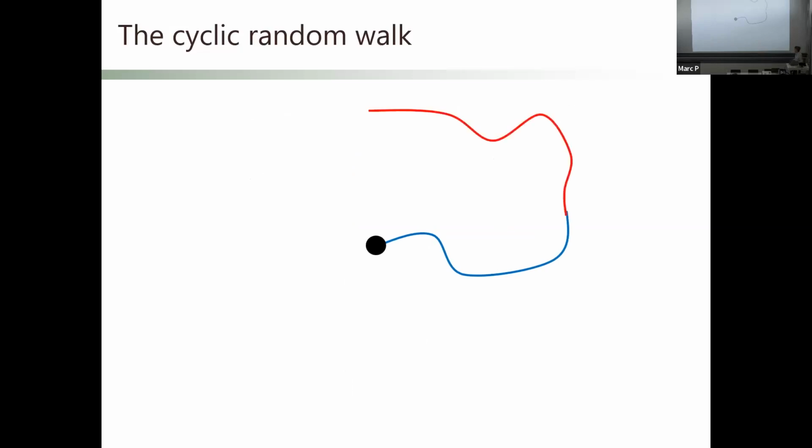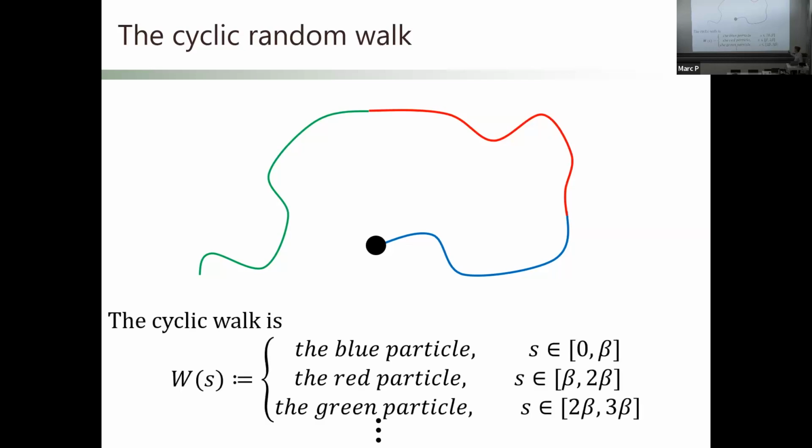So it's like looking at one particle from time 0 to beta, the next particle from time beta to 2 beta, then 2 beta to 3 beta, and so on. And so ultimately what we'll want to show is that each of these colored segments is just the trajectory of one particle between time 0 and beta. And these are exactly just continuous time simple random walks.